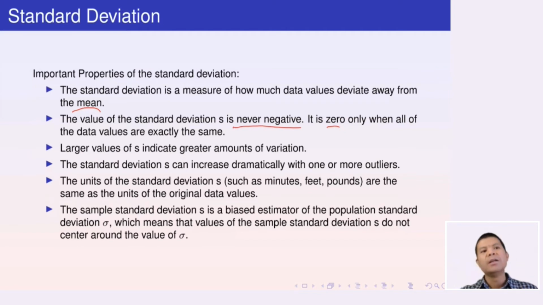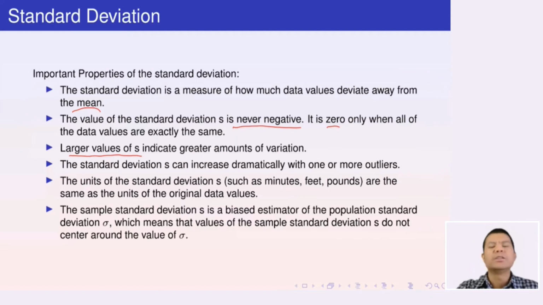In another way, if the standard deviation is 0, the sum of the squares is 0, which means all those squares are 0 and all the deviations are 0, so the values are all the same. Larger values of S indicate a greater amount of variation.